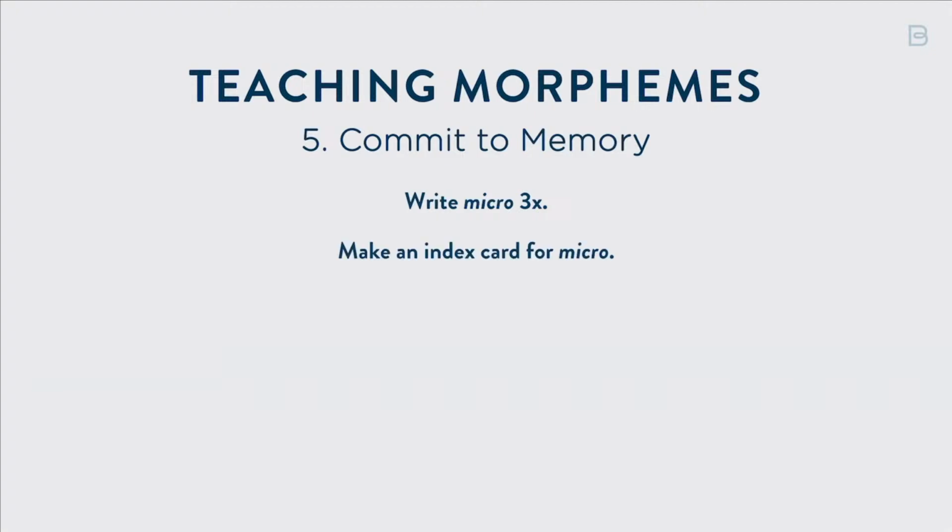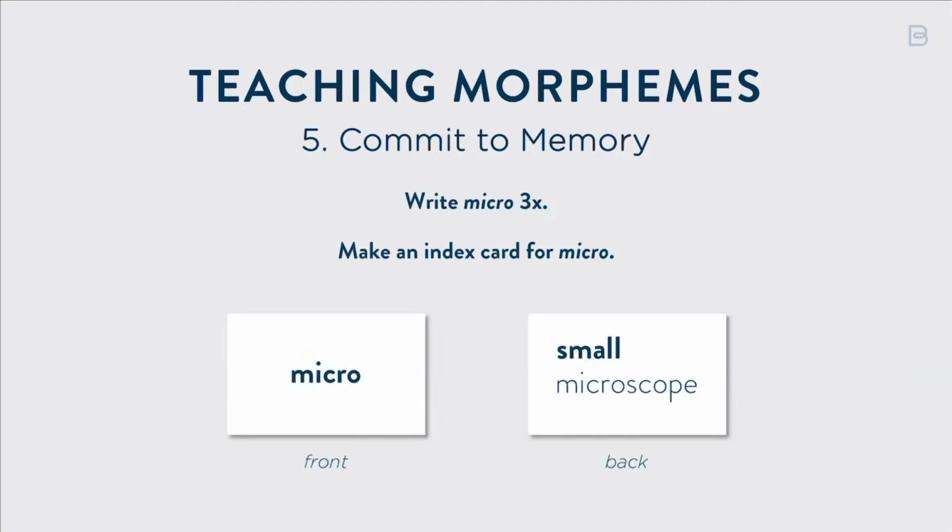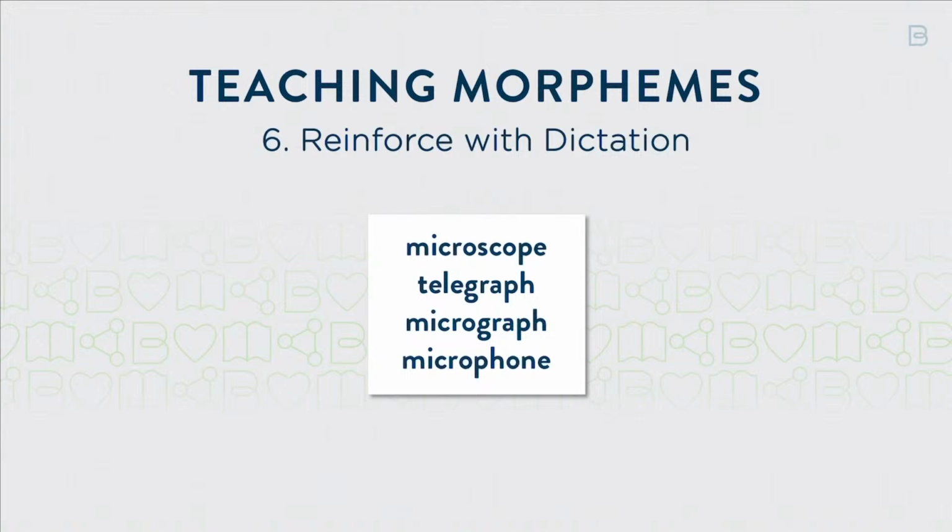Then students make an index card for micro that they can use in the future to practice or to share with a partner. We strongly encourage reinforcing with dictation, encouraging students to use this brand new root in their writing and recognize it in their reading.